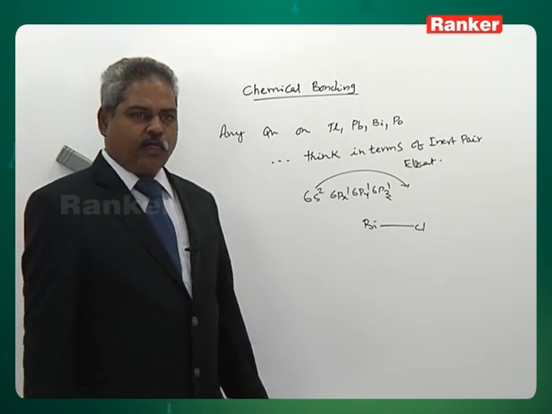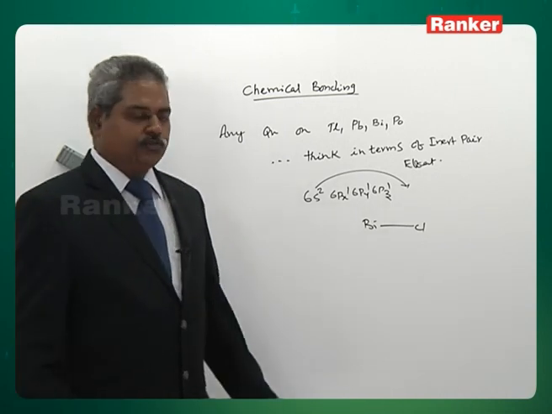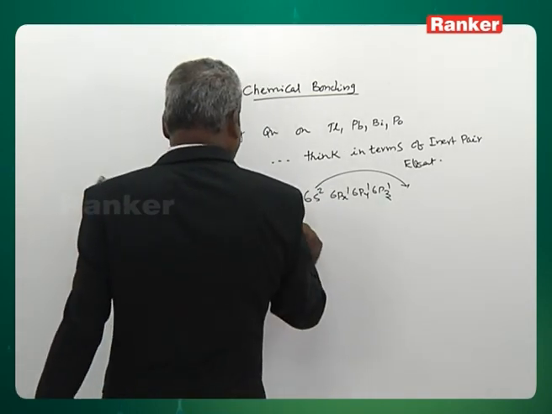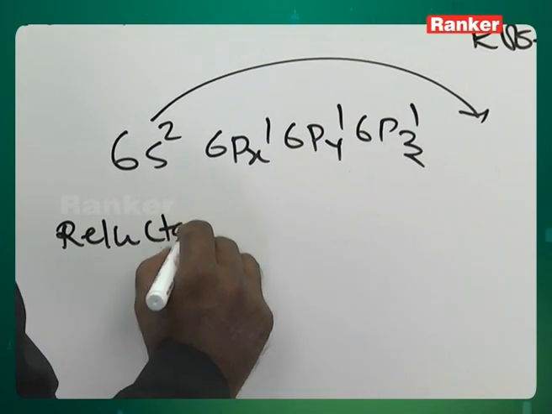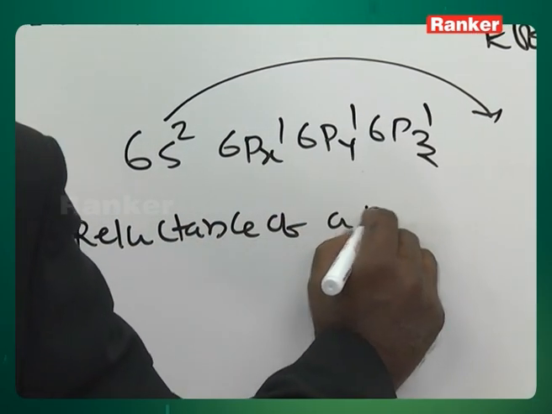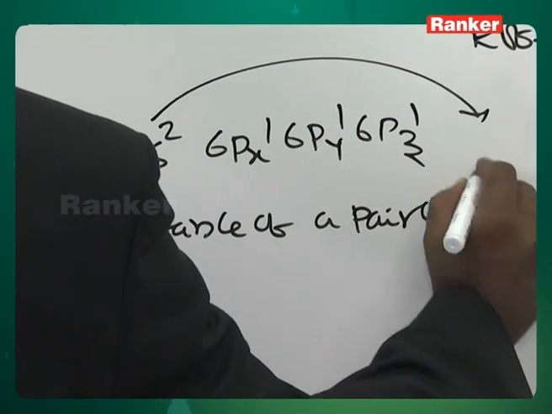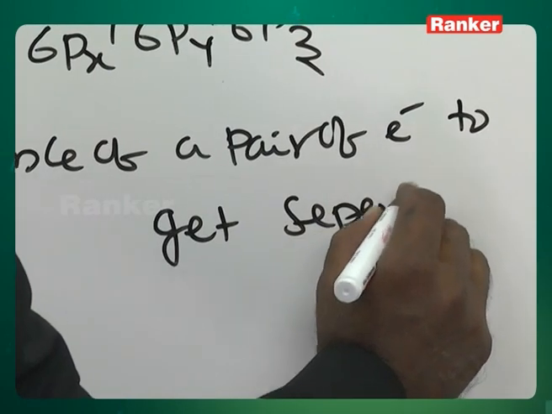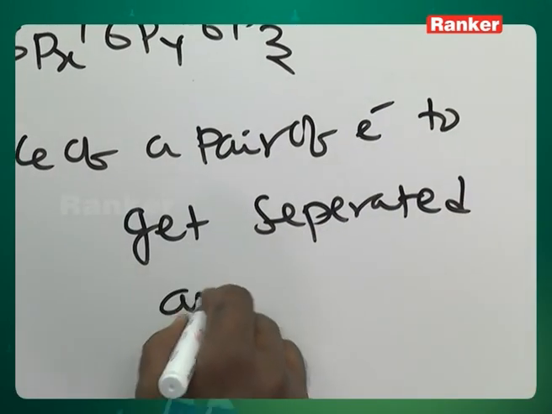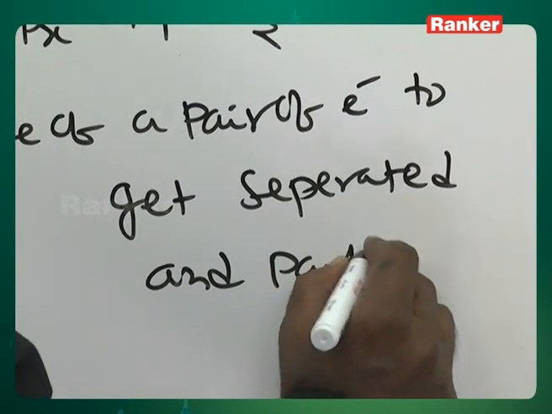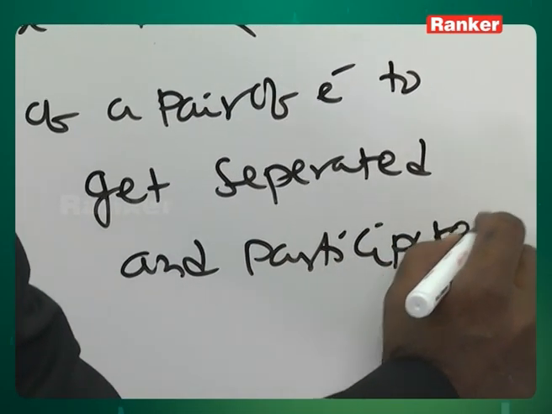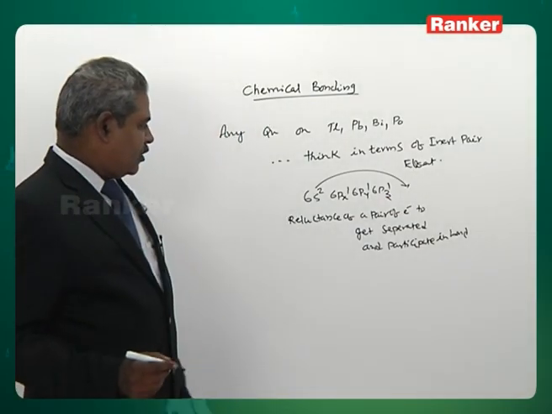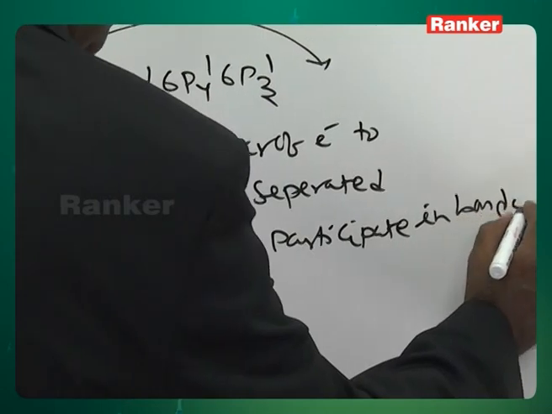released. Therefore, bismuth doesn't show any willingness to form them. This is the reluctance of a pair of electrons to get separated and participate in bonding.